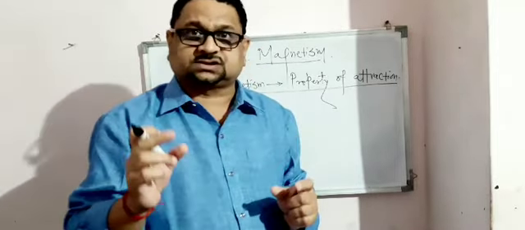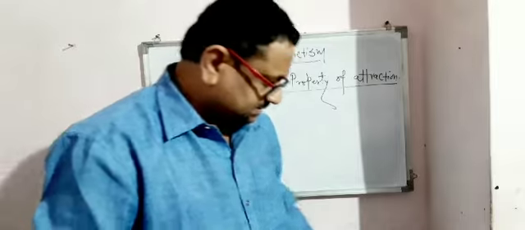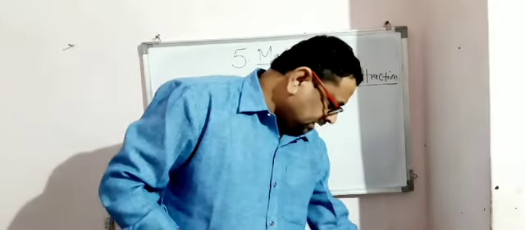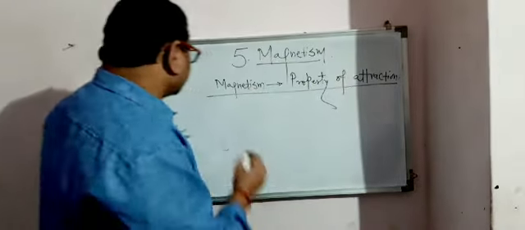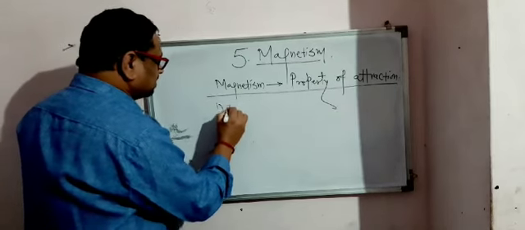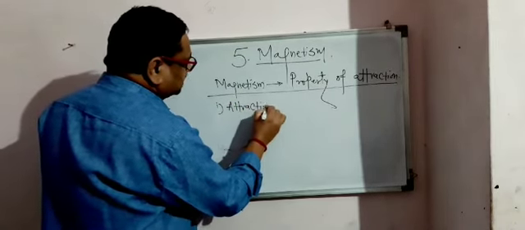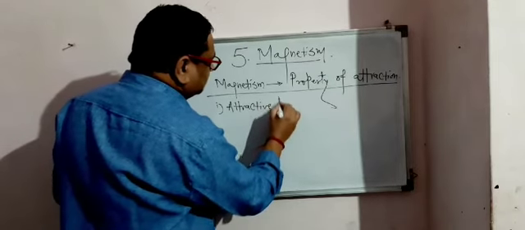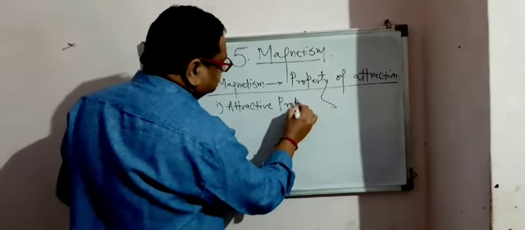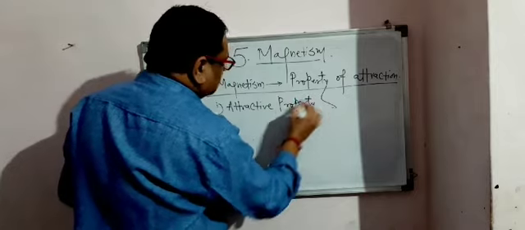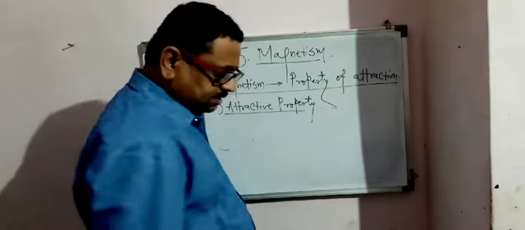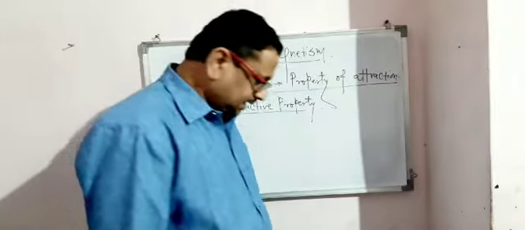That also we have seen in the previous classes. So the attractive property is the first part, one of the basic properties of the magnet.